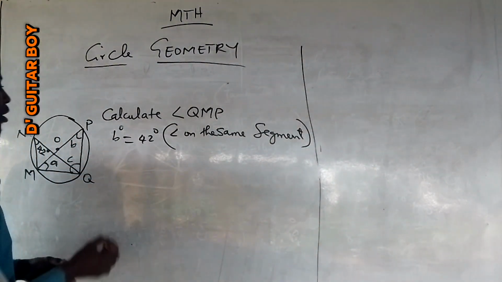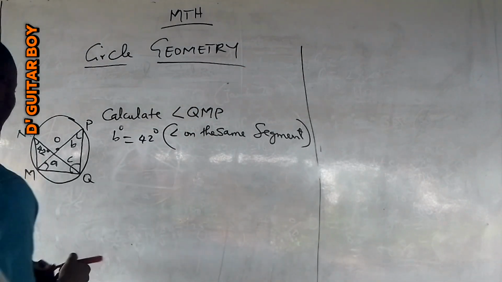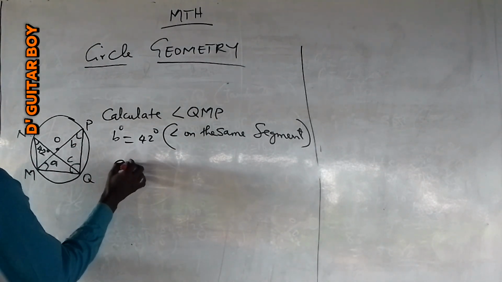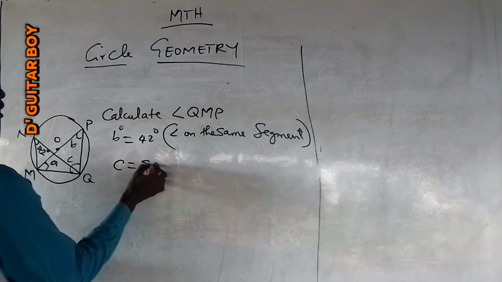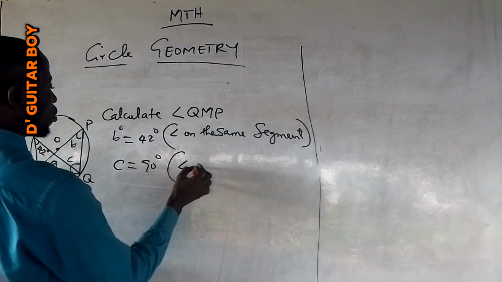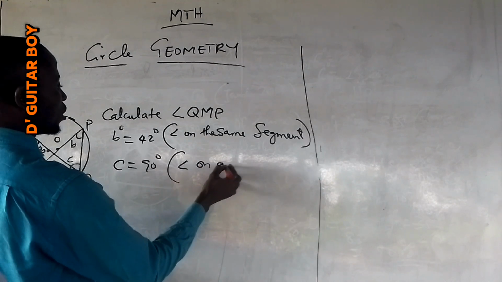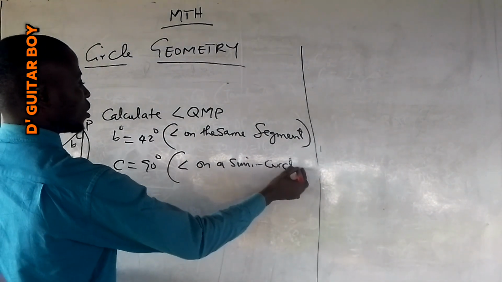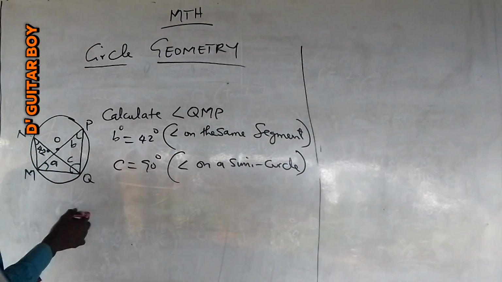So we have calculated our B now. Then we say C is equal to 90 degrees. What's the reason? Angle on a semicircle. So we have calculated that.